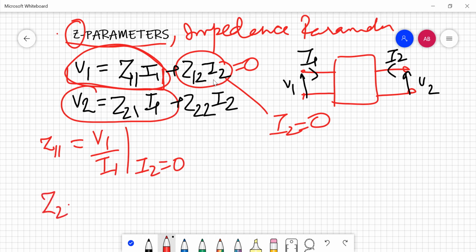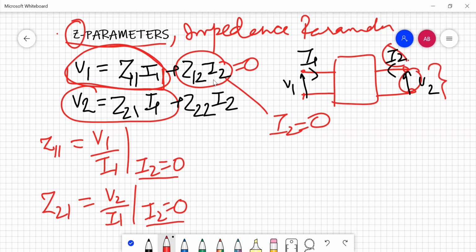Z21 will be equal to V2 upon I1, again for I2 equals 0. Now just see here that this current I2 will be equal to 0 only when this terminal pair is open. So the next pair will be defined as such, but with this side open.